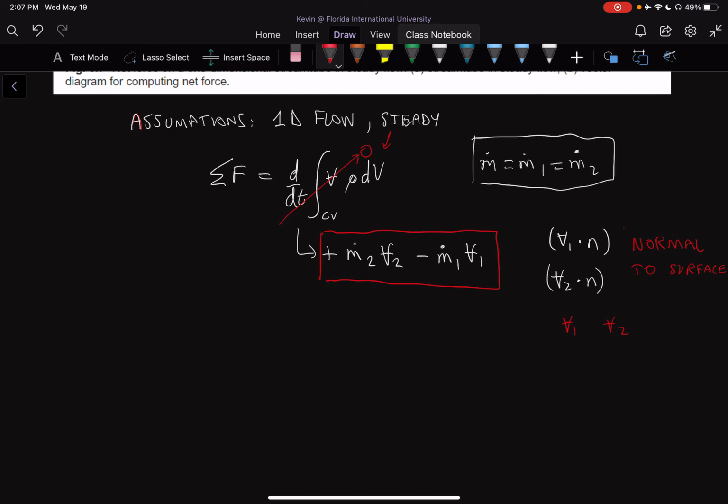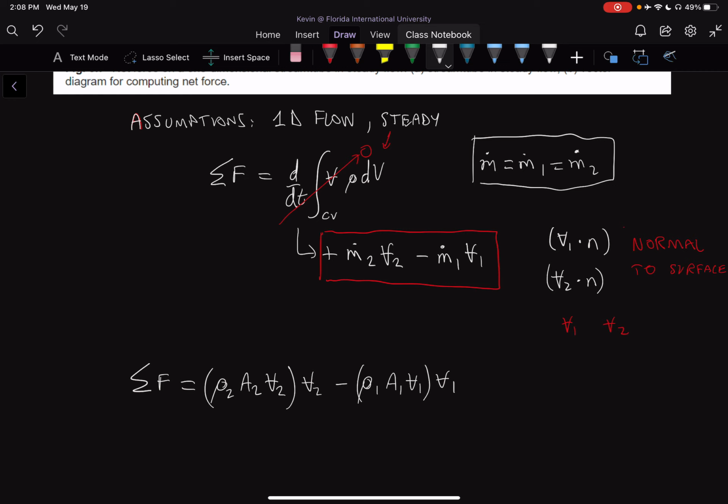So we can go forward and say that, rewriting the whole equation, the sum of the forces is equal to rho 2 times A2 times velocity 2 multiplied by velocity 2 minus rho 1 A1 velocity 1 times velocity 1.